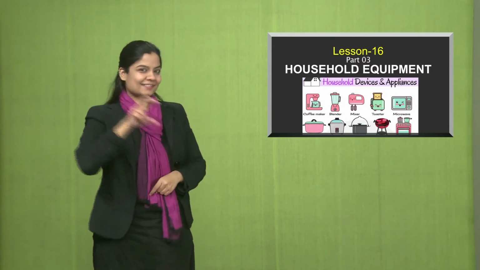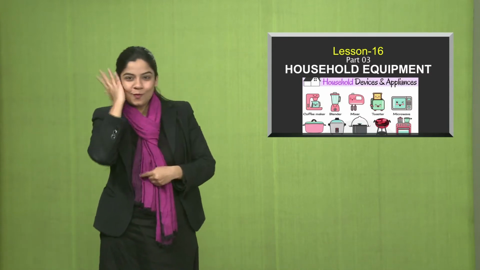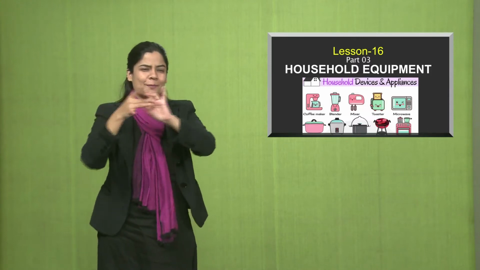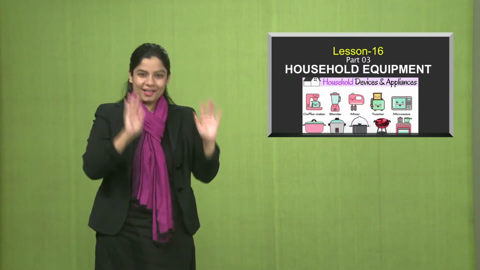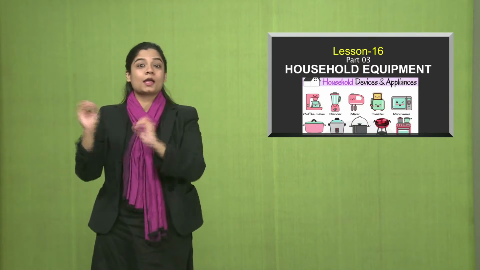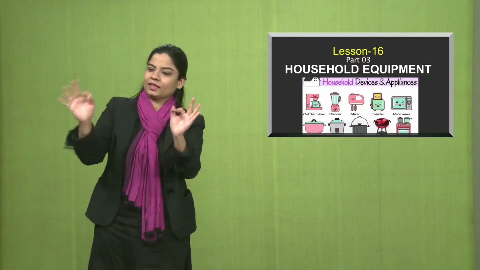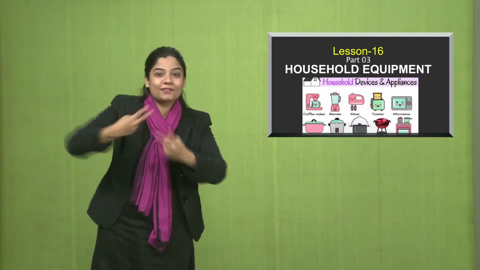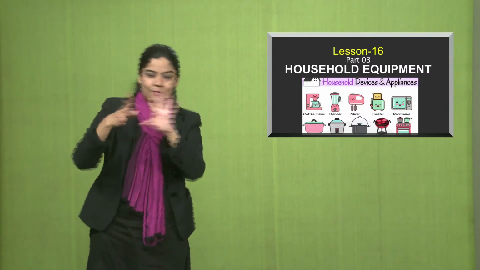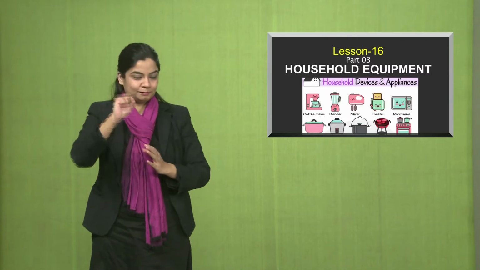In electrical equipments, we discussed refrigerator, television, mobile, etc. that are used on an everyday basis. In non-electrical equipments, we discussed the utensils in the kitchen, the gas stove, solar cooker, sewing machine, etc. Remember that.